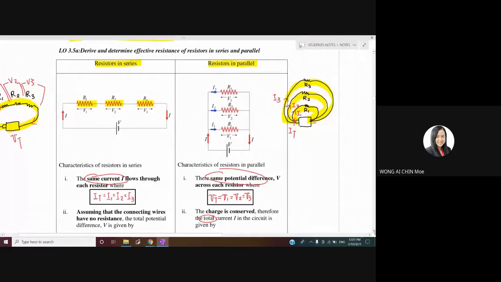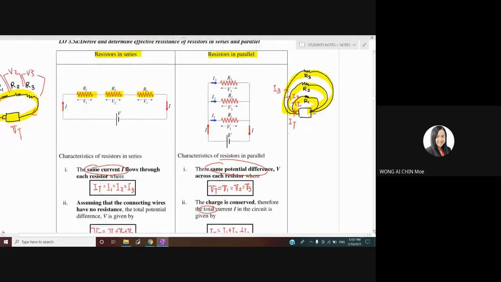Because a resistor is like an obstruction. If the road has a big obstruction, the current flowing is also less, because the obstruction is too high. A high obstruction means it is difficult for the current to pass through. So that's why the current flowing through the higher resistor is lower. So it depends on the resistor.